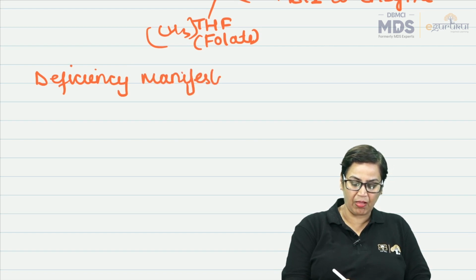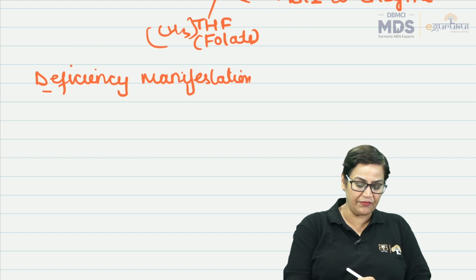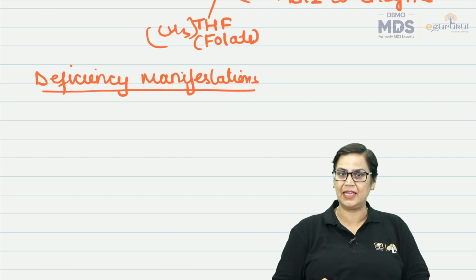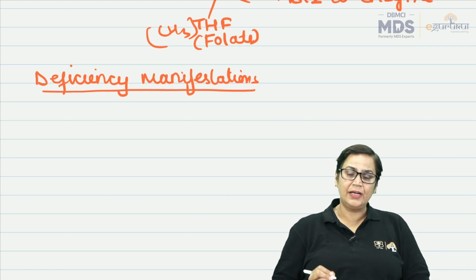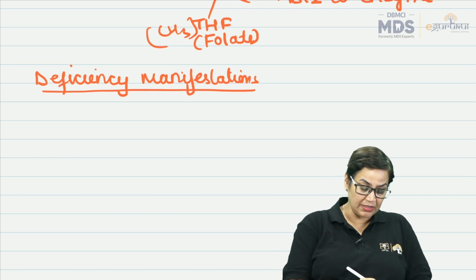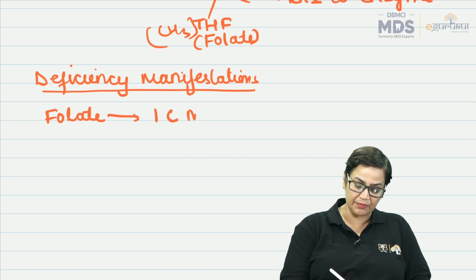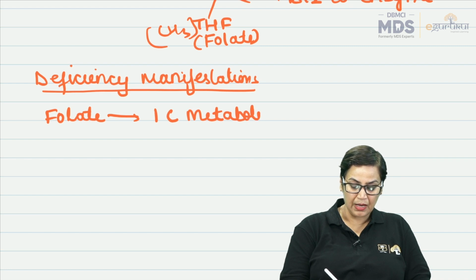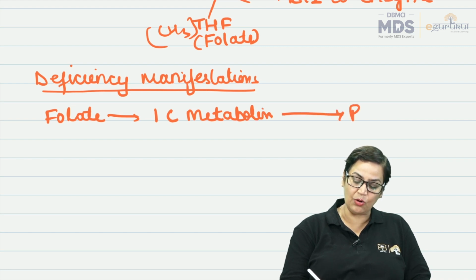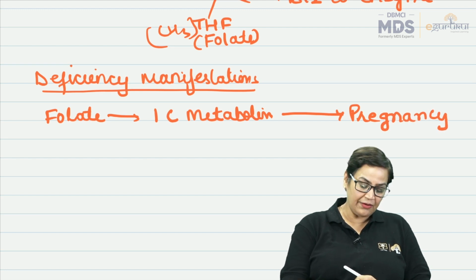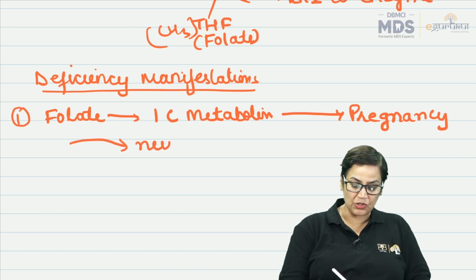Now here, if we look at the deficiency manifestations, we always say that folic acid is very much required at the time of pregnancy, because folate, again, because of this one carbon metabolism, is required for the development of the fetus. And if this function is not carried out, it can lead to neural tube defects.